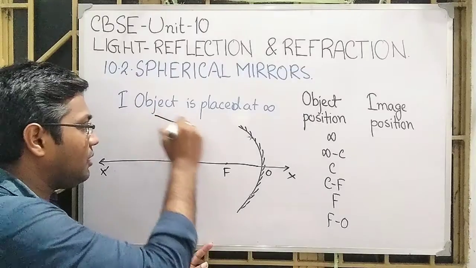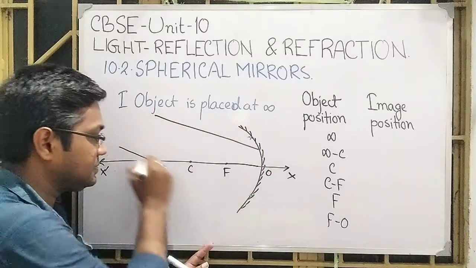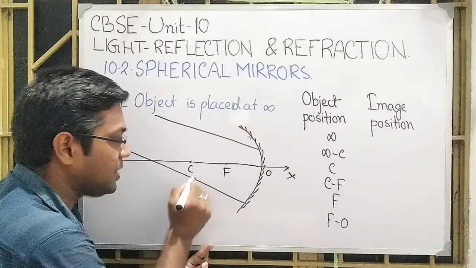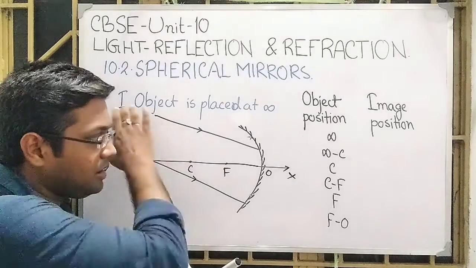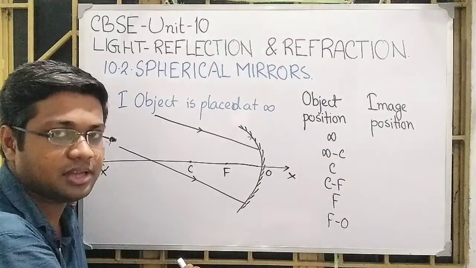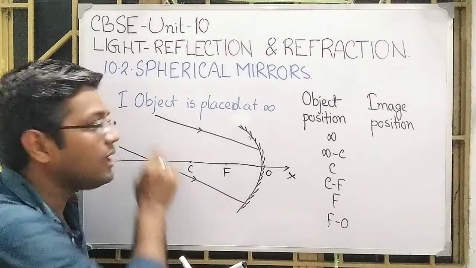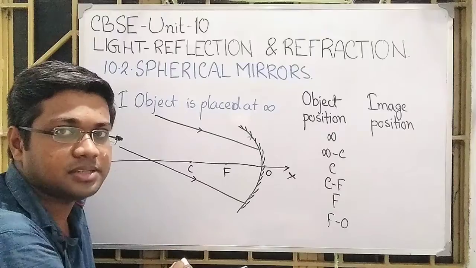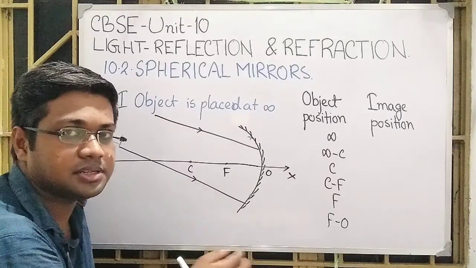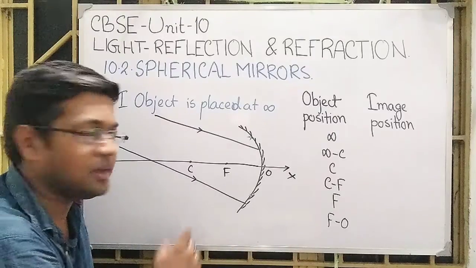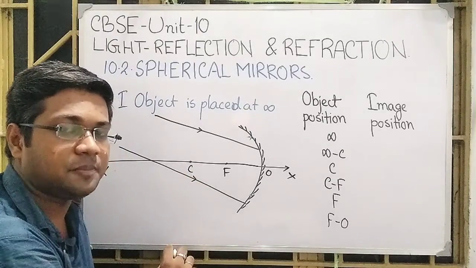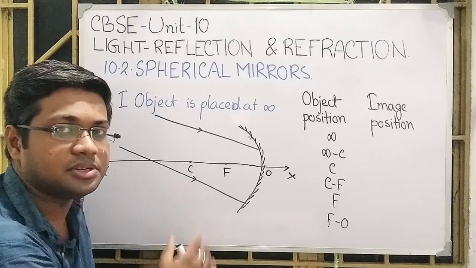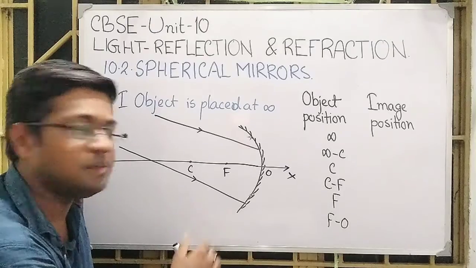Now in case of oblique incidence, that is by making an angle theta with the principal axis, the parallel beam of rays is incident on it. And obviously I want to say one thing, that if the source is placed at infinity, at a large distance from the concave mirror, then we can consider that the rays coming from it are a parallel beam. That's why we consider sunlight to be a parallel beam of rays.